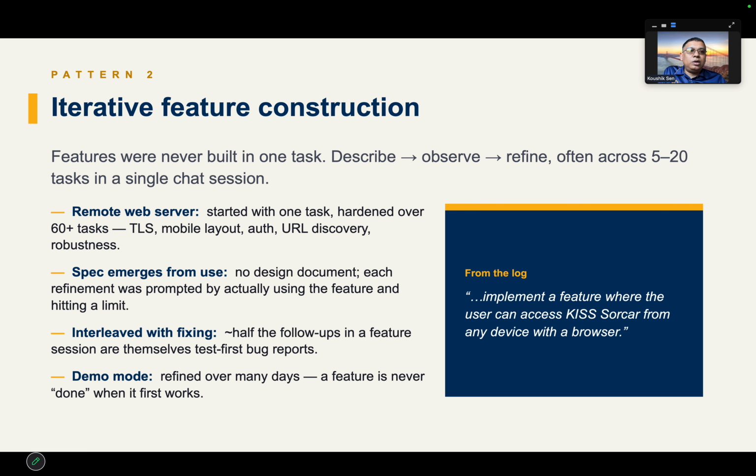The second one is iterative feature construction. I see that when people are using Claude Code or Cursor, they all support a plan mode where the user is supposed to write the entire plan of how to implement a feature or a particular software. I tried to use it, but I realized that creating a static plan ahead of time is not how human beings work.